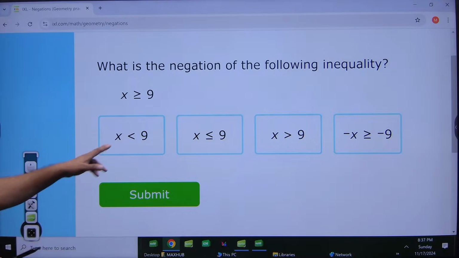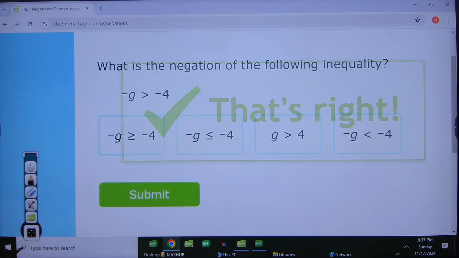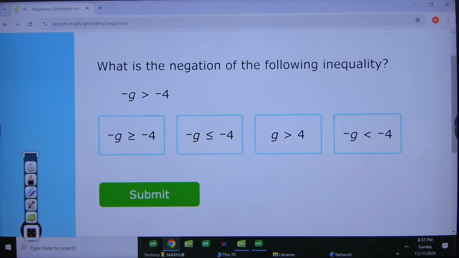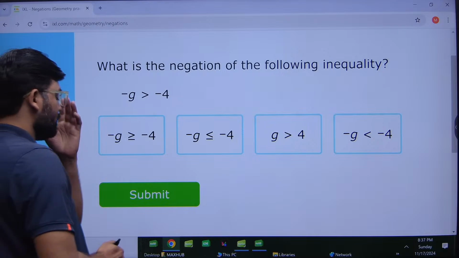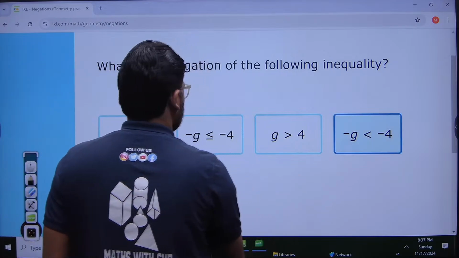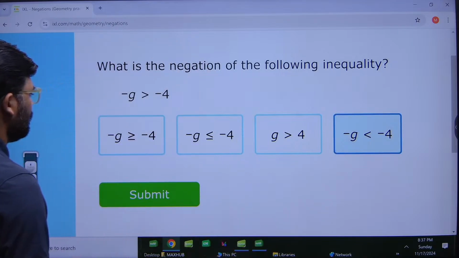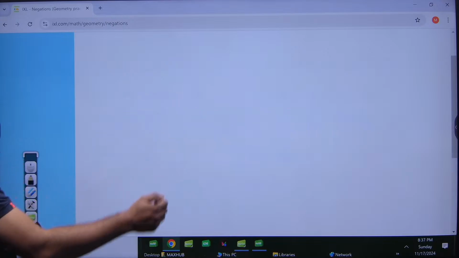First option. Okay. This one? Last option. No, wait. Second option. Wow. Now you're getting it.